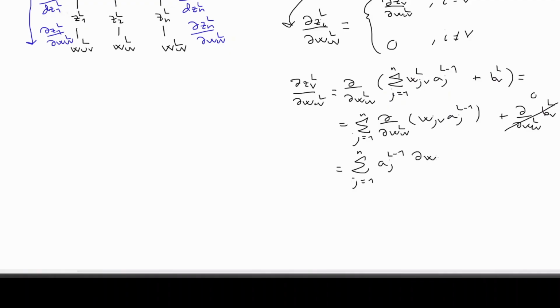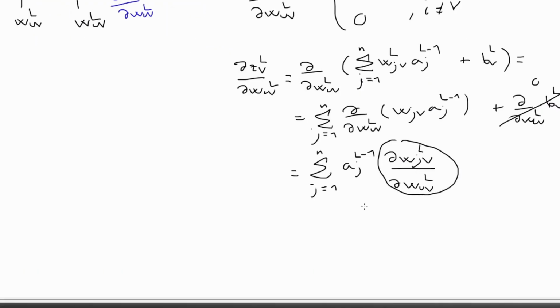And we get this term right here. And this term, if we decompose it further, we see that it is the derivative of the weight from some arbitrary neuron j at layer L-1 to neuron v at layer L.